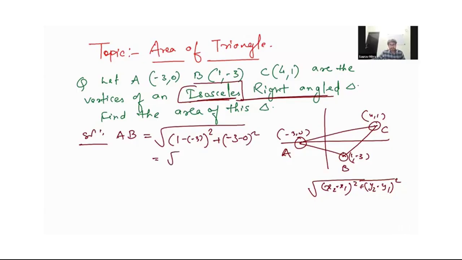So I will get 1 plus 3, that is 4, 4 square is 16, and minus 3 square is 9. So it will be root 25, and I will get my AB length as 5.